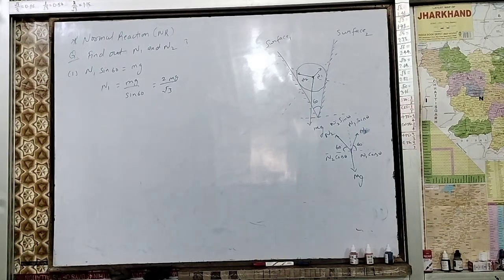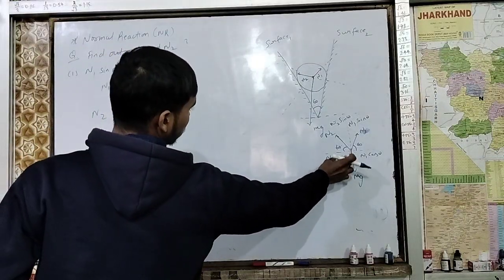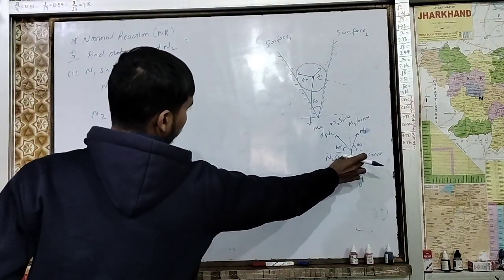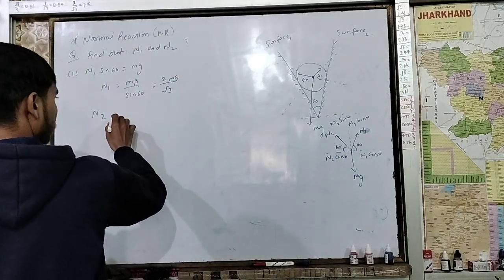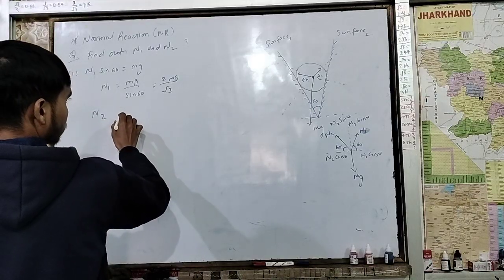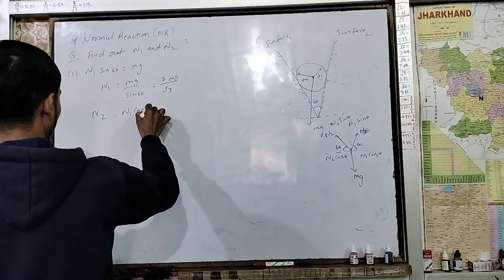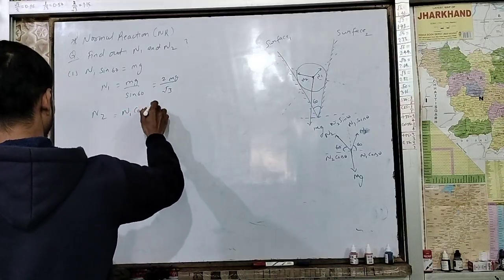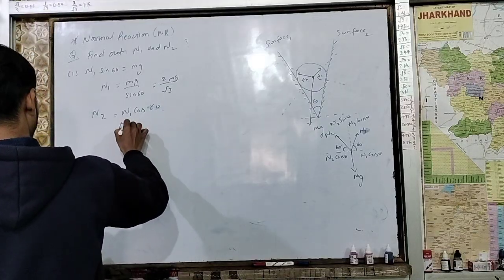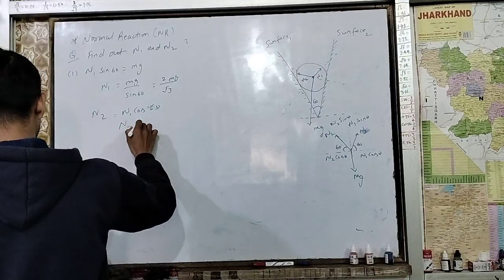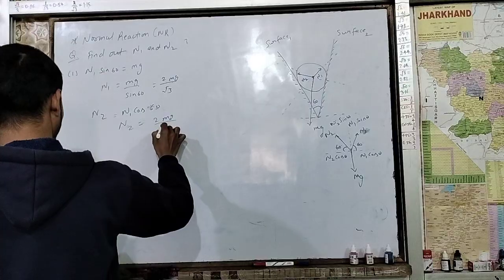Now for N2, we know this N2 cos theta is equal to N1 cos theta, which is at 60 degrees. So this N2 can be written as 2 mg upon root 3.